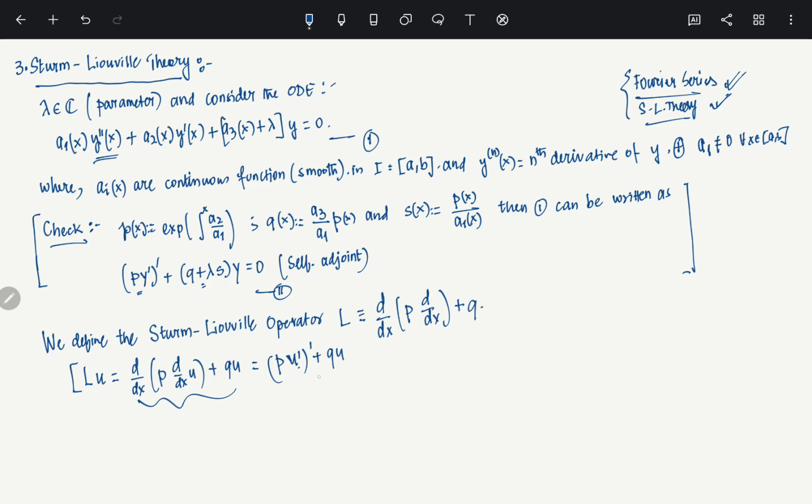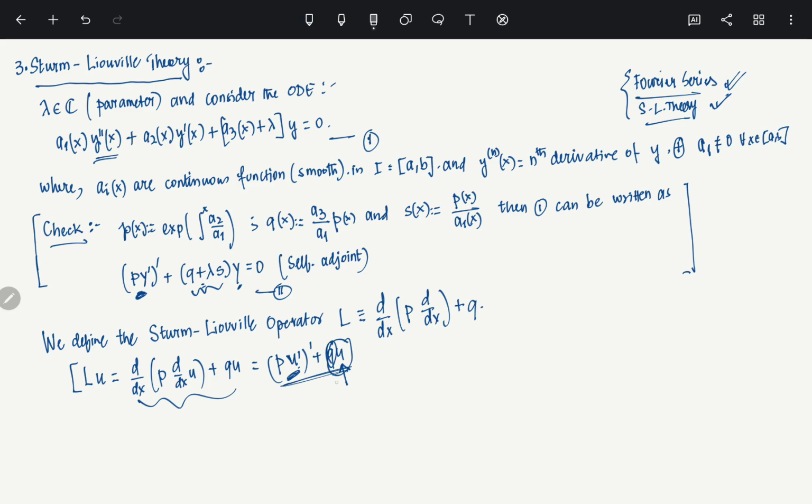How are you getting the idea? This first term, (p y prime) prime, is your term; instead of y, you can write it as u. And with respect to this u, the coefficient of u, q, is some function. Here it depends on y, but generally for a Sturm-Liouville problem, we just write it like this.